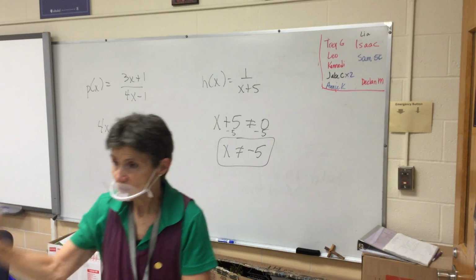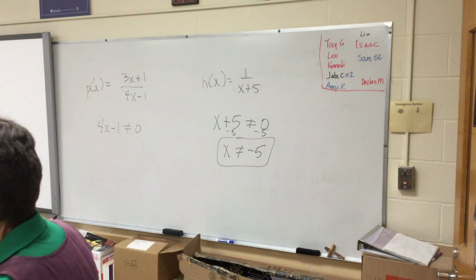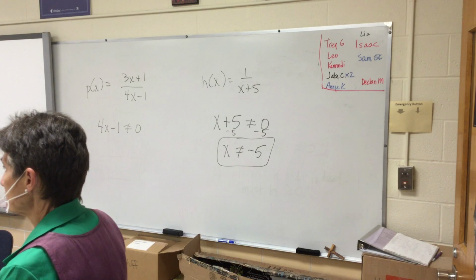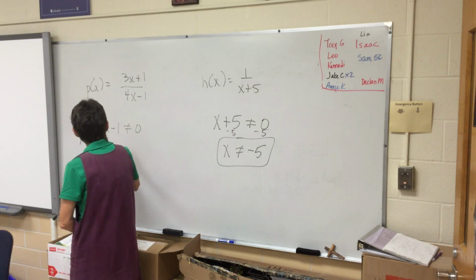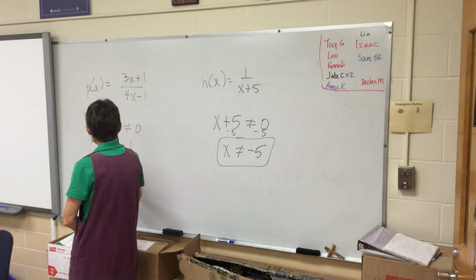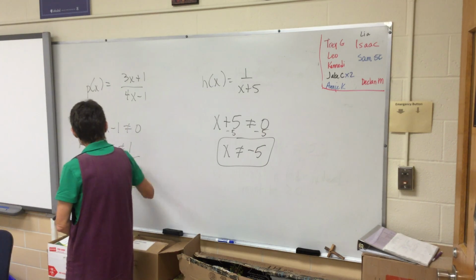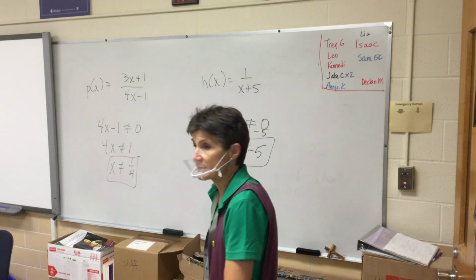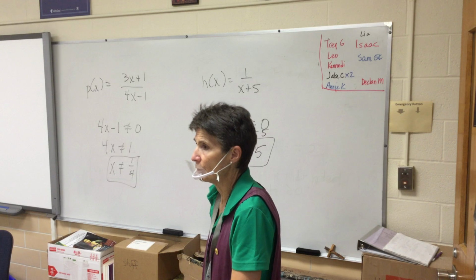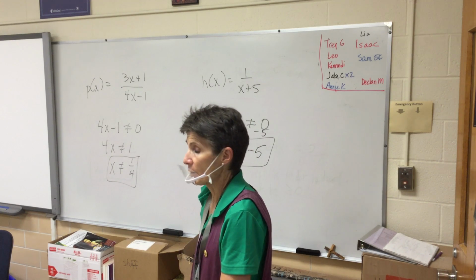So 4x minus 1 is not equal to 0. So 4x is not equal to 1. So I'll add 1 and divide by 4. So your domain is x cannot be 1/4. X can be anything in the world except 1/4.